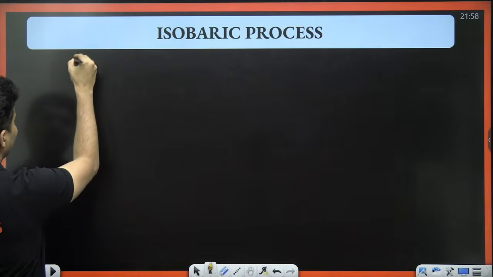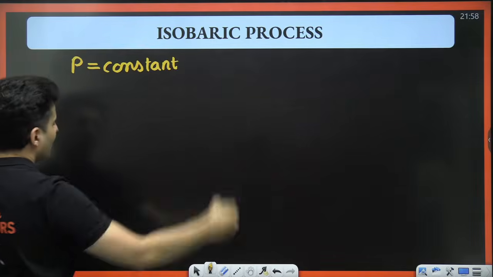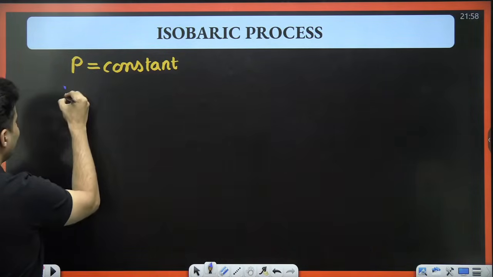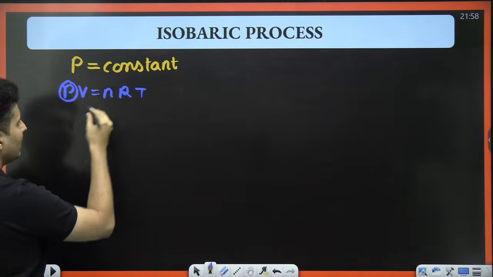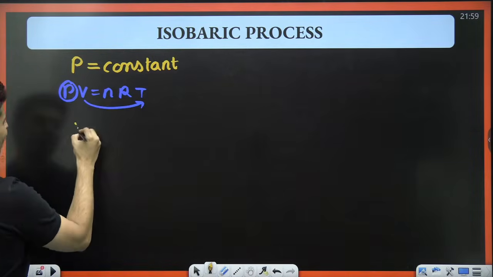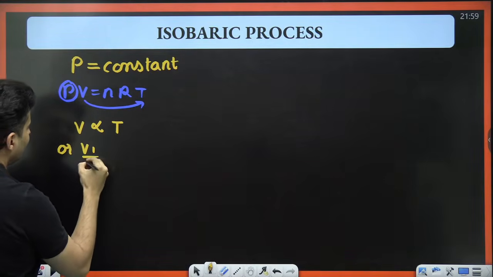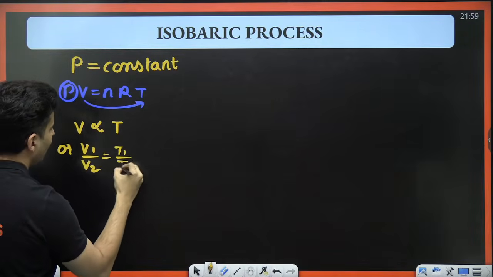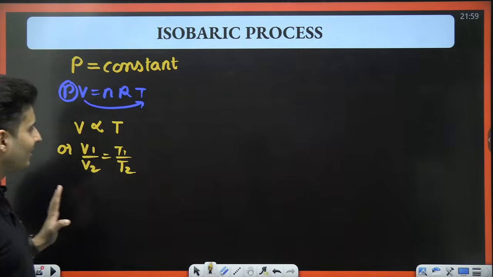So an isobaric process means pressure is a constant. Since PV is equal to nRT, and pressure is a constant, you can immediately see that volume is directly proportional to temperature, or you can say V1 by V2 will be T1 by T2.